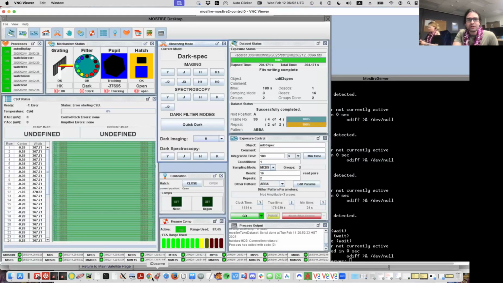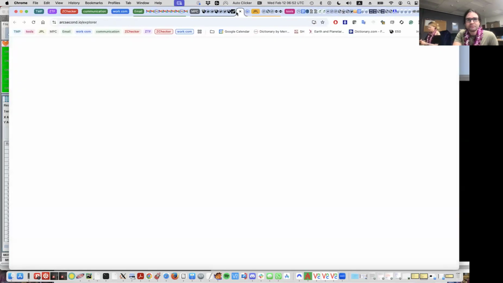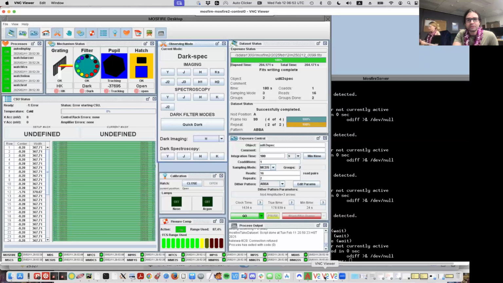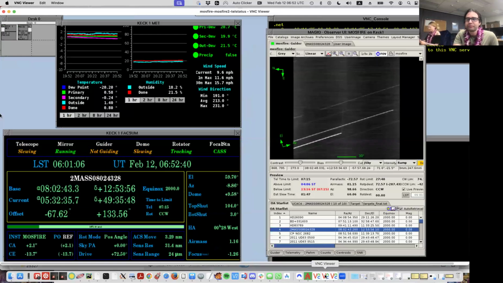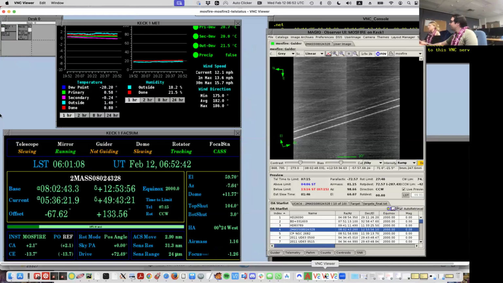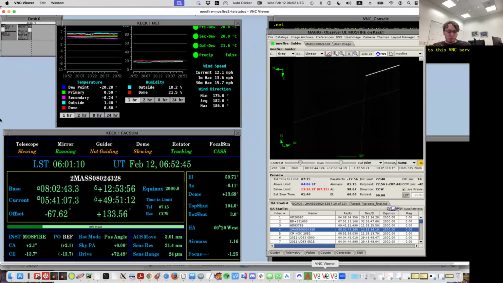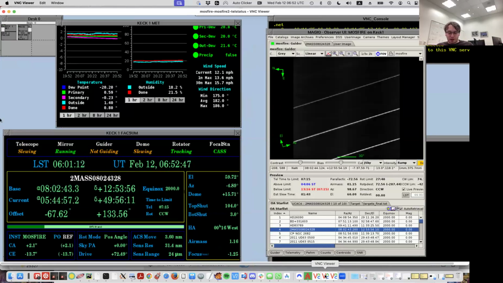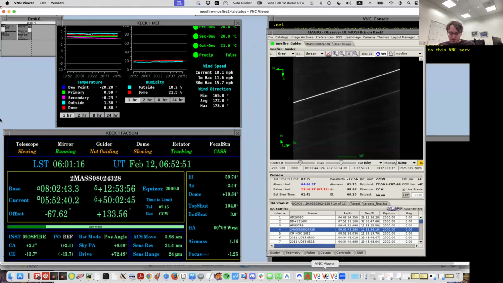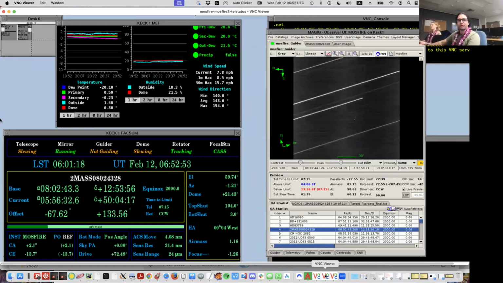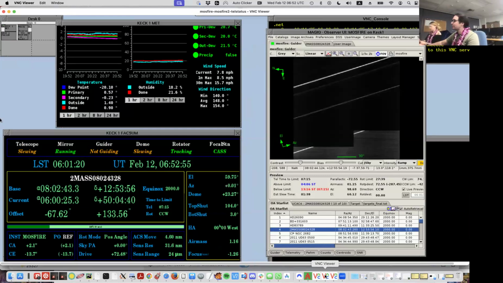So let's see here. But what are you actually getting out of this? We're getting the colors of it in the near infrared.